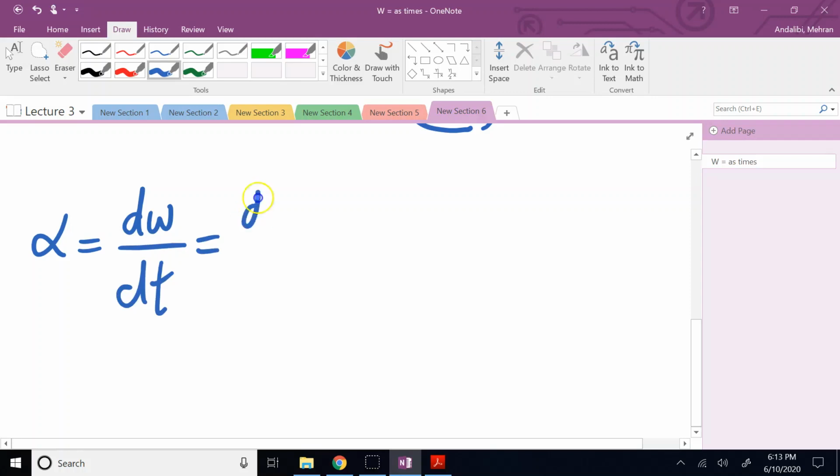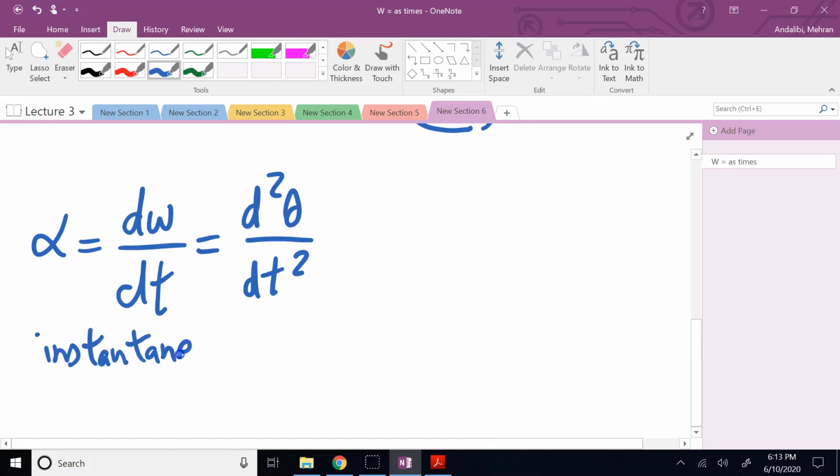It is also the second time derivative of theta with respect to time, just like we defined a as the second time derivative of position with respect to time. So this is instantaneous angular acceleration.